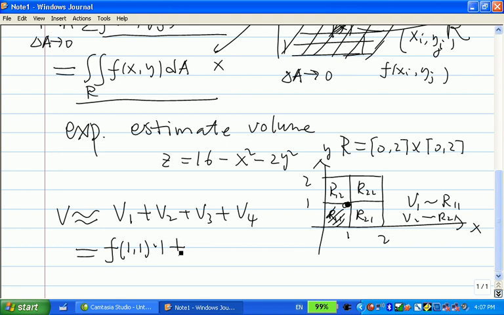Then plus V2, the rectangular box above R21, with the upper right corner's function value as the height. So F at x is 2, y is 1, then times the base area, which is also 1 times 1, is 1.